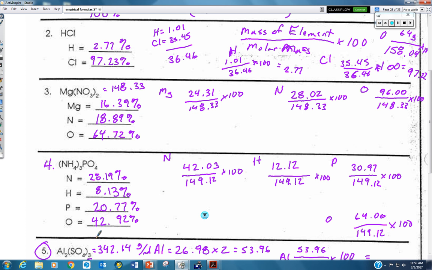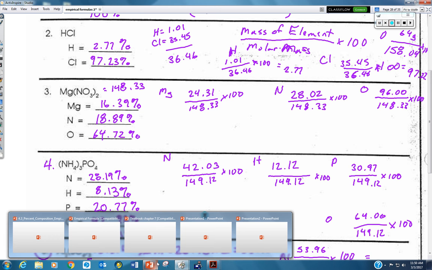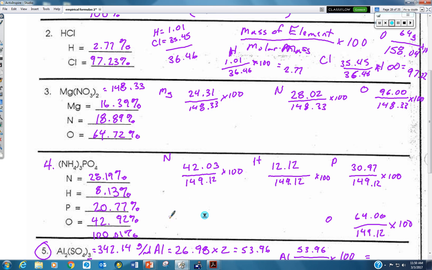Now, when I total these up, I end up with 100.01%. So just realize that when you round things like that, you can come up with a little bit of error, but this is not so far off that it makes that wrong. I suspect I had a rounding error in nitrogen or oxygen when I did this.